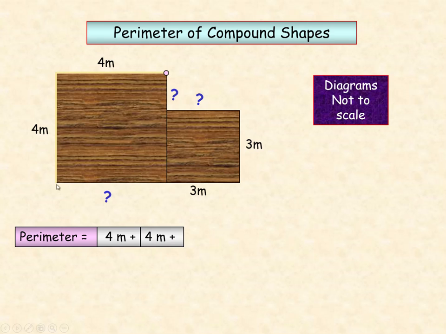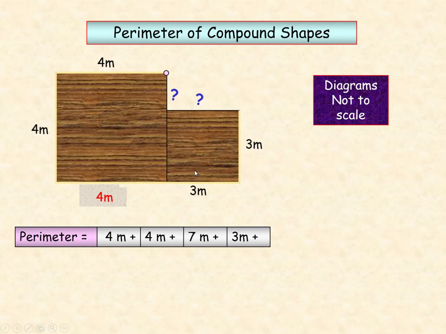Now I need to go across here, but I don't know what length that is. This shape is a square, so that means all the sides are going to be equal. So that's also going to be 4. So add another 4 and add a 3. 4 add 3 gives me 7. Going back up, add 3.